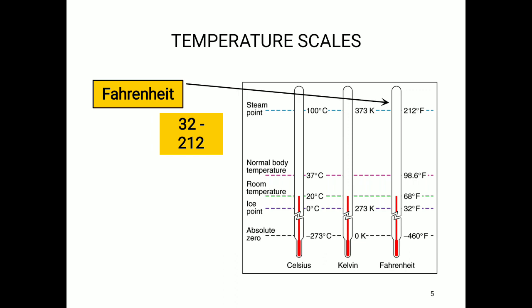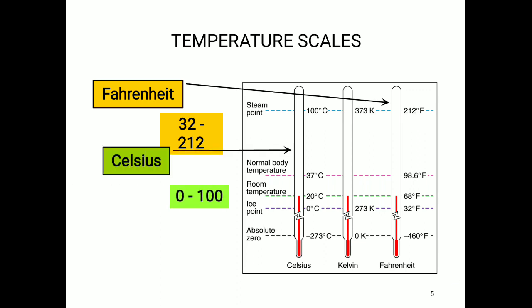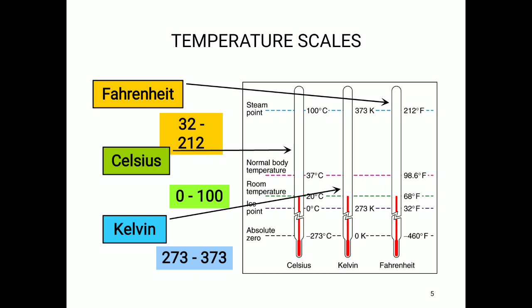So you can see there are two reference points in Fahrenheit: the ice point is 32 and the steam point is 212. For Celsius, the ice point is 0 degrees centigrade and the steam point is 100 degrees centigrade. And in Kelvin, you can see here 273 to 373 Kelvin.